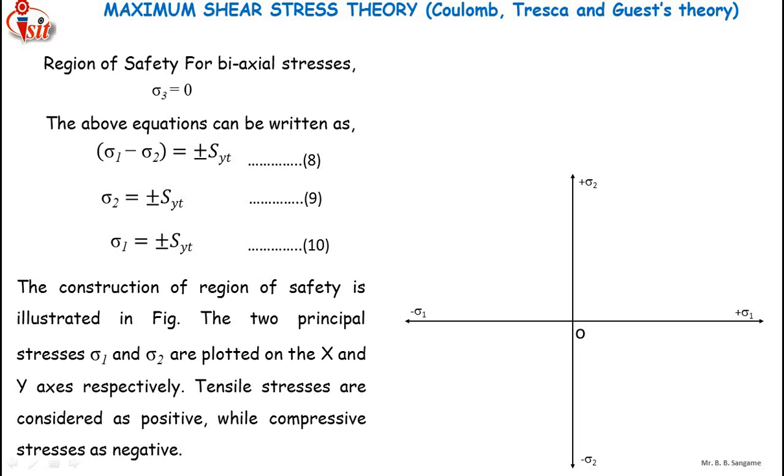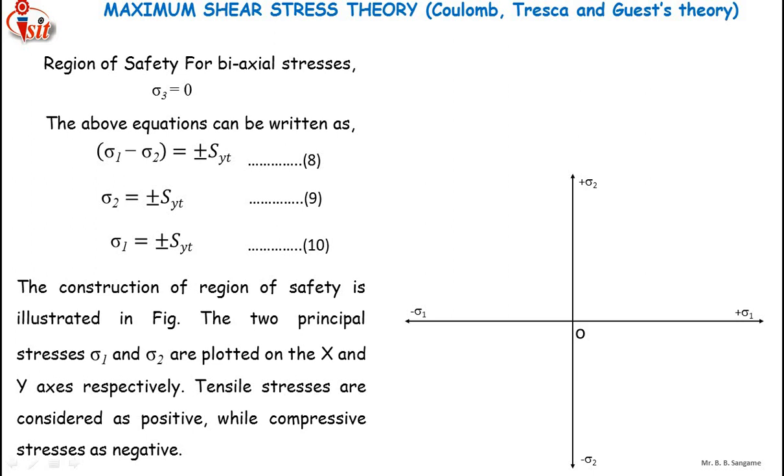To the right side of the origin I have considered the positive stress, and to the left side of the origin the negative stress. Similarly, on the positive y-axis I have considered the tensile stress, that is positive stress, and on the negative y-axis the compressive stress, that is negative sigma 2.